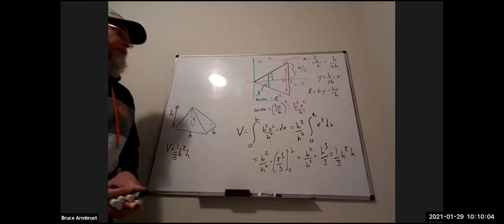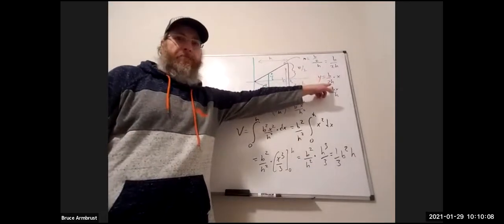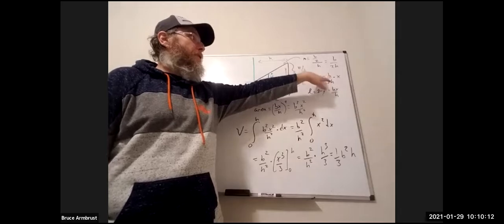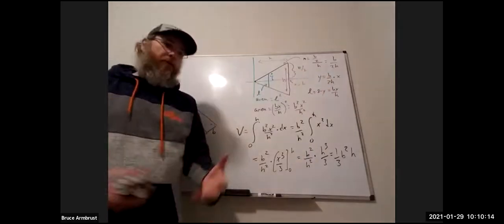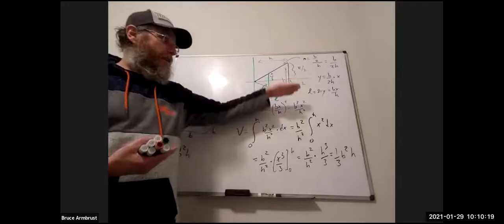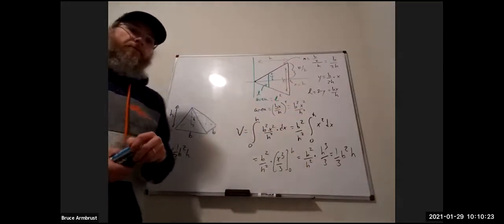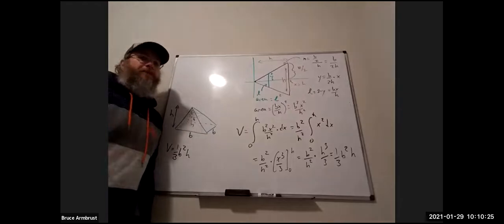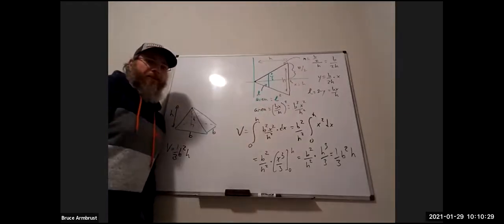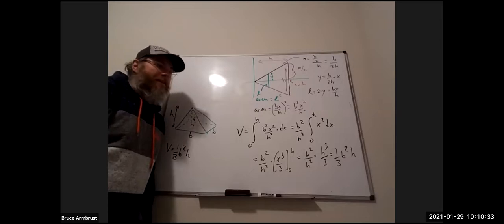So your equation for your line isn't going to have B's and H's in it. It's going to have a number. You plug in your base, you plug in your height, and you'll get, let's say, y equals 27x. Once you've got that line, you can go through the process and get the same thing. But a real mathematician would recognize I just did every single pyramid. Every single pyramid's integral is going to be exactly the same.